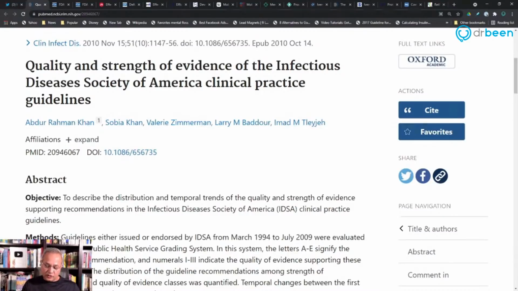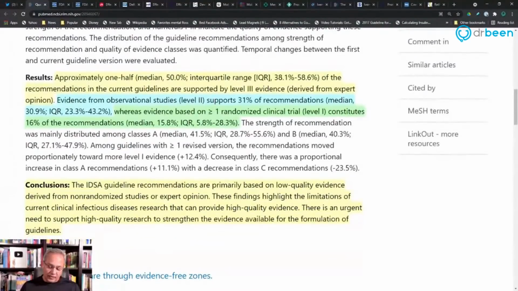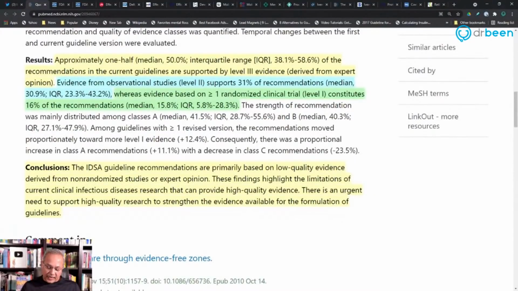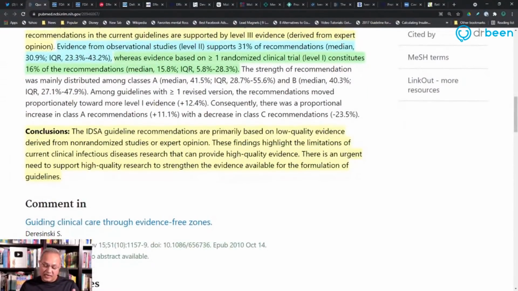And you would actually be interested in seeing this. Check this out. I'm going to read the conclusion first. The IDSA, the Infectious Disease Society of America, guideline recommendations are primarily based on low quality evidence derived from non-randomized studies or expert opinion.